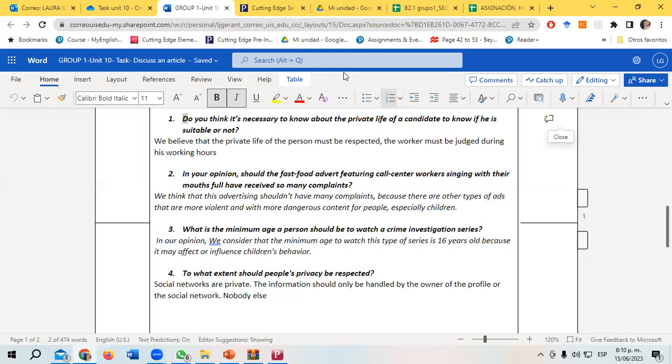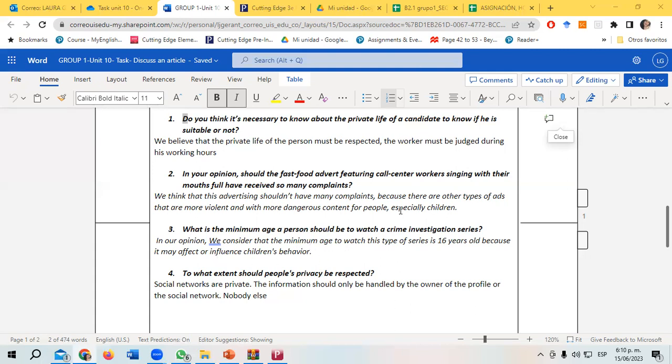Number 3. What is the minimum age a person should be to watch a crime investigation series? In our opinion, we consider that the minimum age to watch this type of series is 16 years old because it may affect or influence children's behavior.